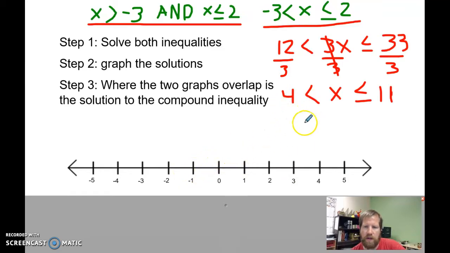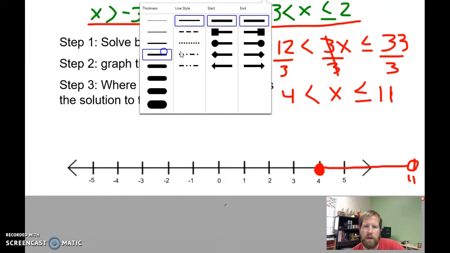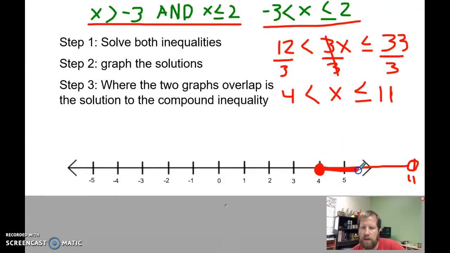But if I wanted to, it would be a solid circle at 4, and then it would go up to 11, and then it would be an open circle there at 11, and I would connect that with my line, and that's what it would look like on a number line.